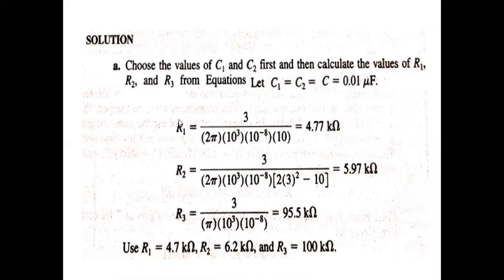Therefore, the R1 value will become 3 divided by 2 pi into 10 to the power 3, 1 kilohertz, into 10 to the power minus 8 into 10, that will become 4.77 kilo ohm.